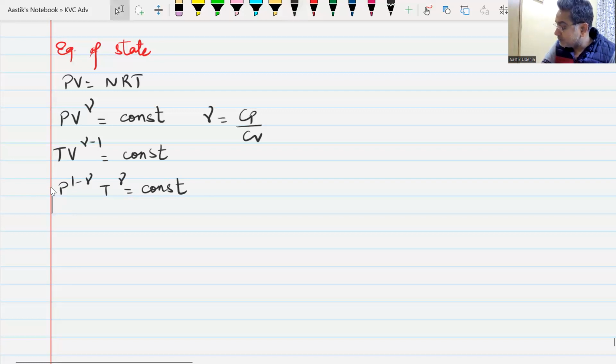This is a table. I show you in a table for different gases, the different types of gases, how the process looks like.